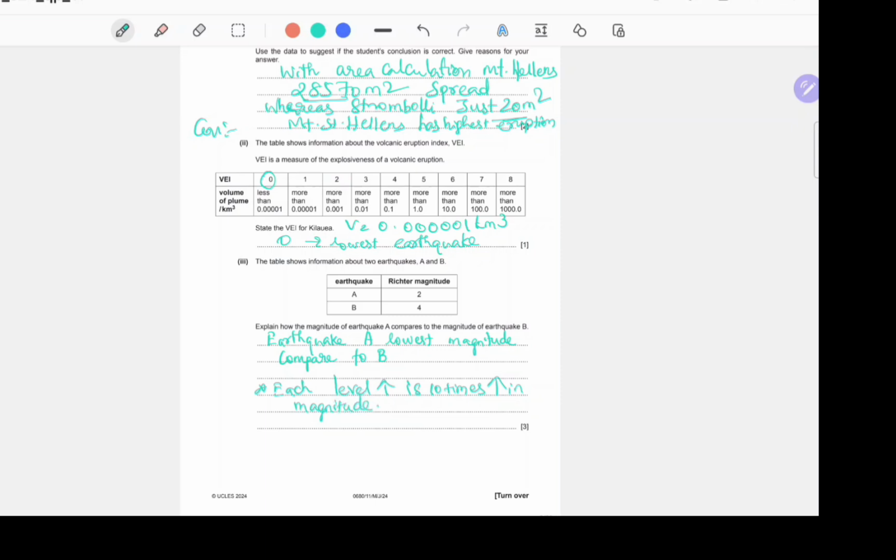So therefore it is equal to 100 times increase when compared to A. We will write 100 times more ground shaking for earthquake B. 100 times more shaking compared to A.